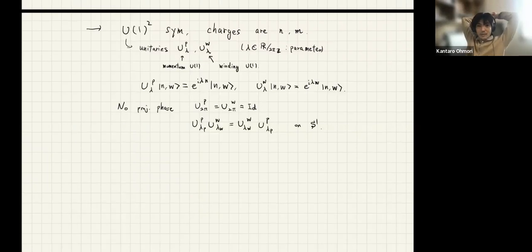So you see nothing wrong or subtle with periodic boundary condition for this U(1) squared symmetry. Any question?